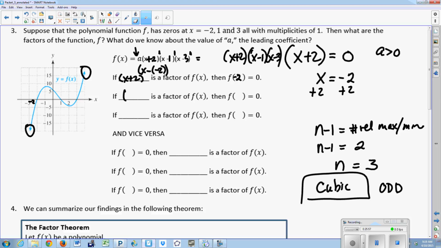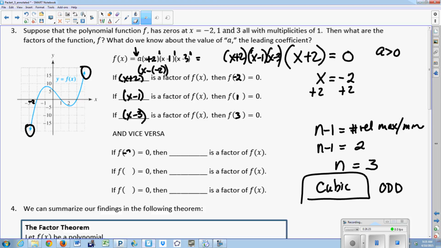If x minus 1 is a factor, then we know f of what is equal to 0? 1. Just look at your graph or look right at your factor to see what value of x would make it a 0. And then if x minus 3 is a factor, then f of what is equal to 0? 3.